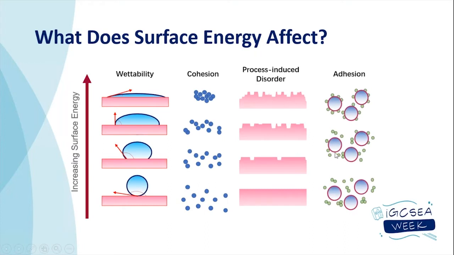And then if we think about a composite or a multi-component system, let's say we have these larger particles and these smaller particles, and if I keep everything else the same and do some surface modification to increase the surface energy, I could overcome the cohesive forces of the smaller particles and increase adhesion. So all of these things can be affected by the surface energy, and it's why it's important to measure that.